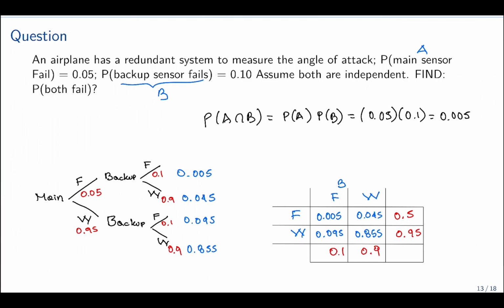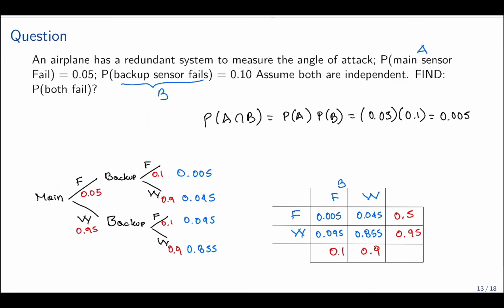So that's why we only knew the probability of fail, but the probability of work is going to be 1 minus 0.05, so that's going to be 0.95. The same way for the backup sensor, the probability of fail is 0.1, but we know that we have only two options and the sum of the probabilities should be equal to 1, so the probability of work is 90%.